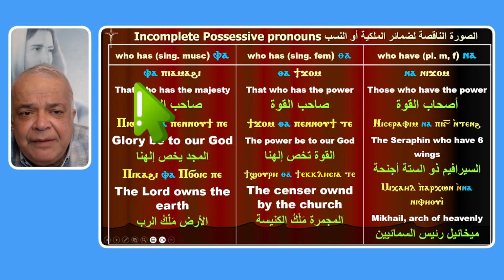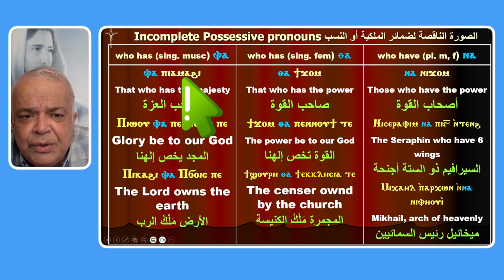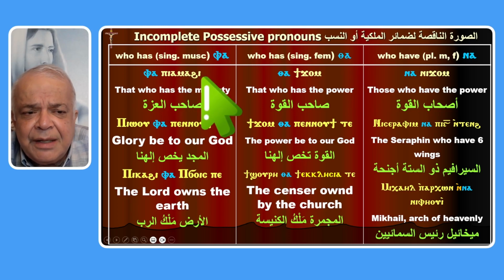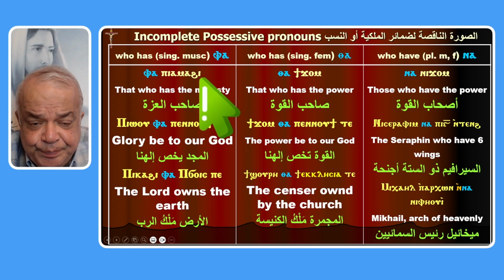Example here, if I say fa pi amahi, pi iota is the definite article of masculine singular. So that means the word amahi, alpha, mei, alpha, huri, iota, amahi, is a masculine singular adjective or owned character.